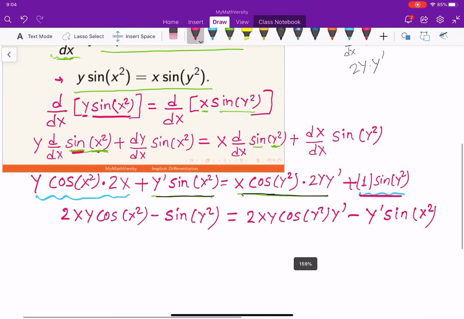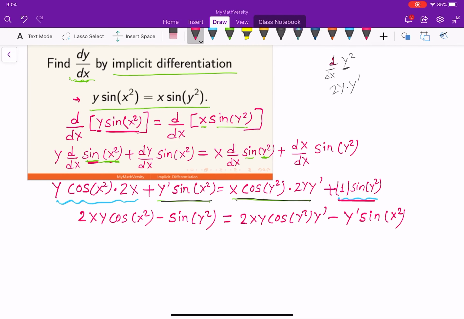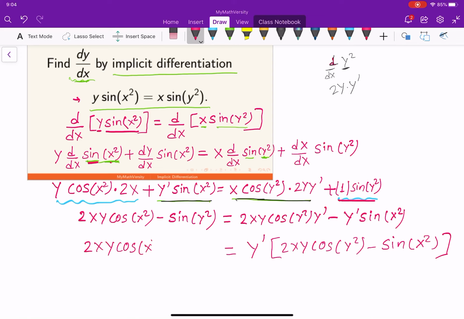Now it's pretty straightforward how to solve for y prime, because we can isolate y prime in this way. We can first take y prime out as a common factor, and then the remainder will be 2xy times cosine of y square minus sine of x square on the right hand side, and on the left hand side we have 2xy times cosine x square minus sine of y square.